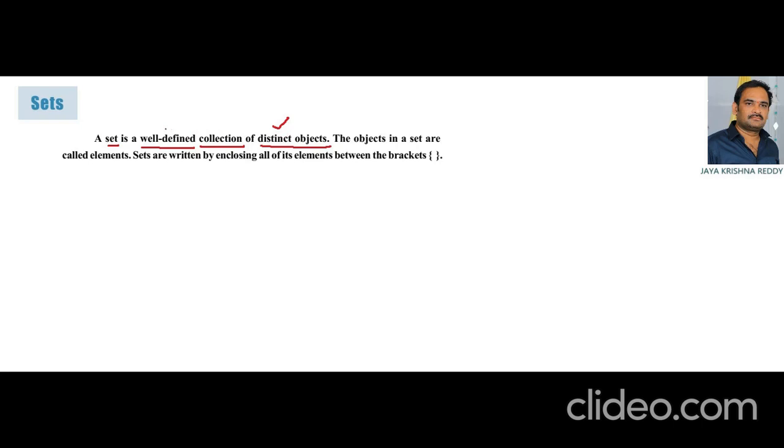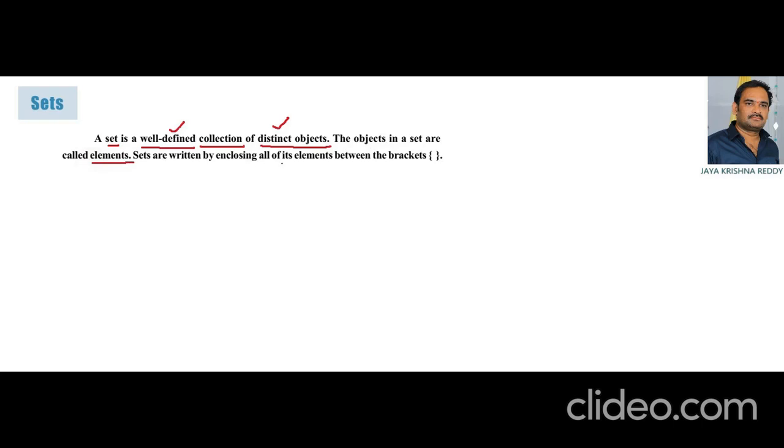And one more thing, the set is a well defined collection, which means the common property of the collection of elements should be well defined. So a set is a well defined collection of distinct objects, and the objects in the set are called elements.